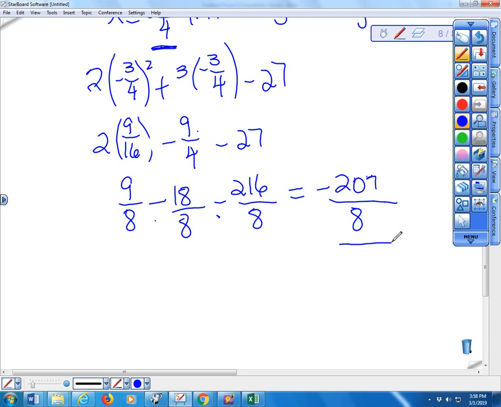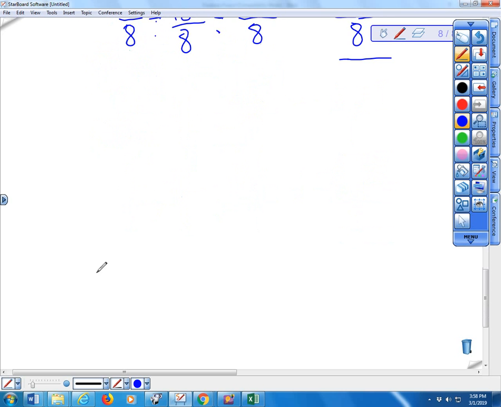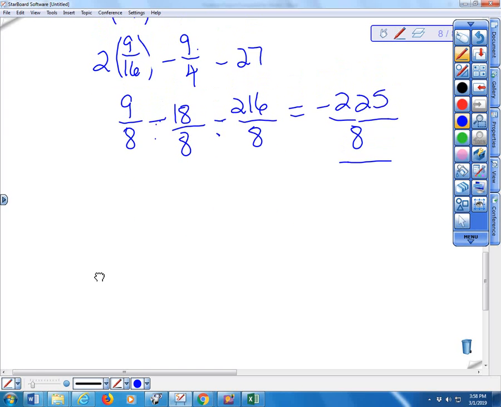So that's right. It's negative 225 over 8, because this is negative 9 plus negative 16. Okay, having a little brain issue on this Friday afternoon. Negative 225/8 is my y-coordinate.